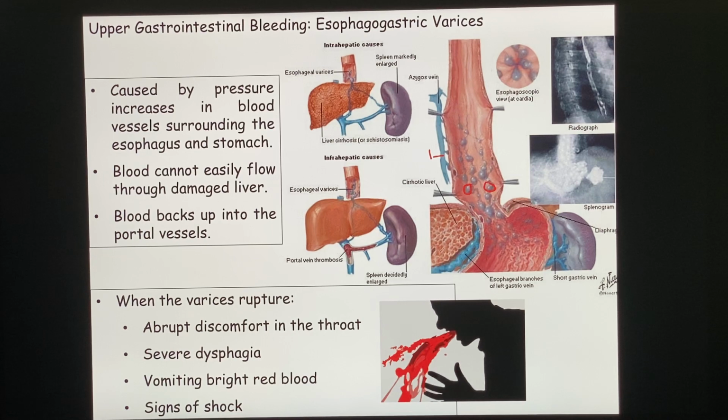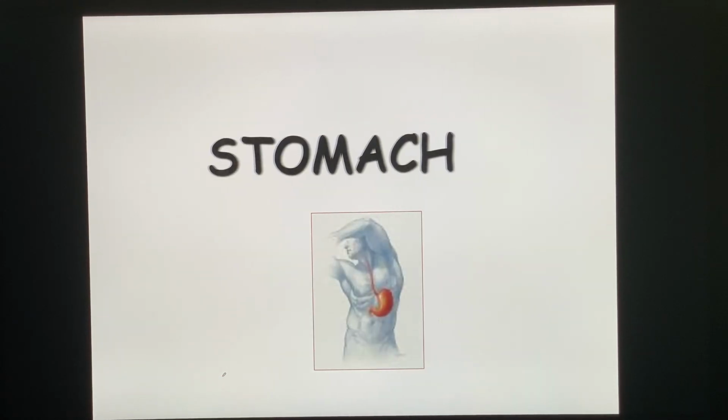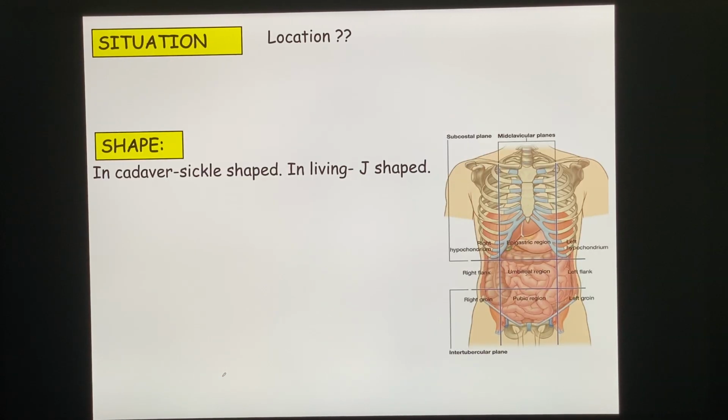This is called esophageal varices. Eventually this will break, and then the patient will start vomiting blood. Okay, is that clear? So this is why you should know about the venous drainage of the esophagus.